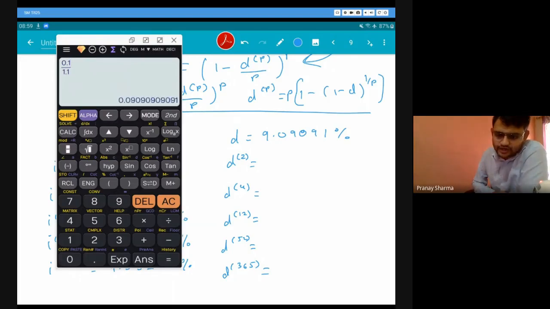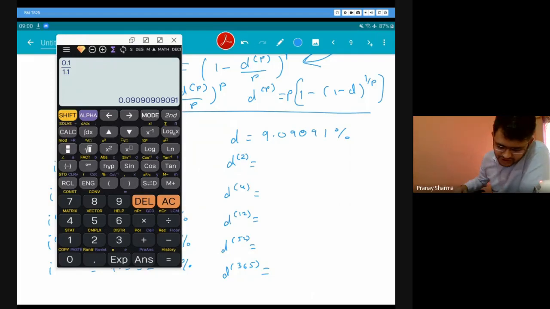I need to store it so that I can use it again and again. So for storing, we use STO, that is written in yellow here. Above 7 you will see an RCL button, so that is nothing but store. But to access anything written in yellow, we'll press the shift button.